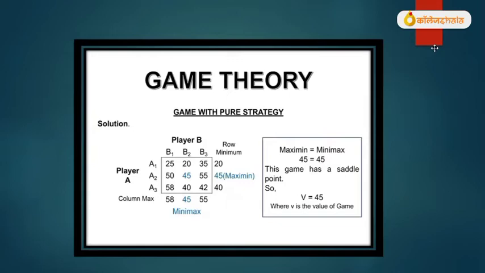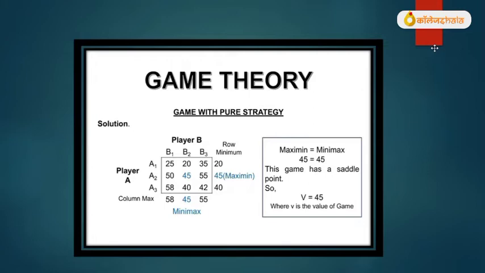Now, the row minimums are 20, 45, 40. From that, we can get our maximin value, that means the maximum of the minimums. So here the minimum values are 20, 45 and 40, and the maximum of these is 45. So 45 is the maximin value, which is calculated from the row minimums. Clear?